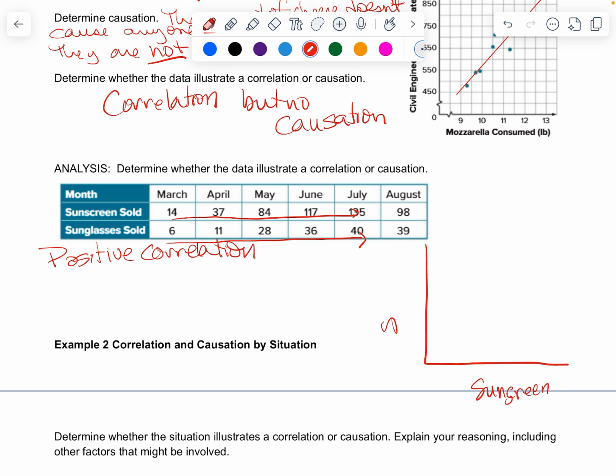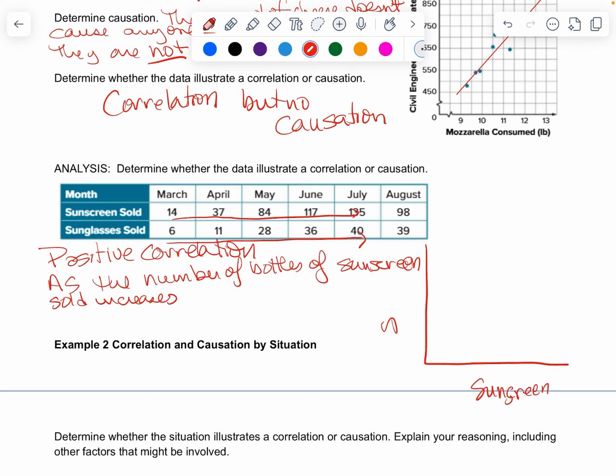Okay. As the number of bottles of sunscreen sold increases, the number of sunglasses sold also increases.